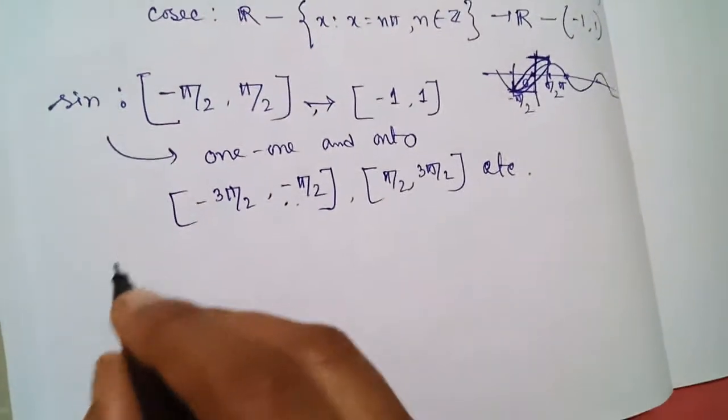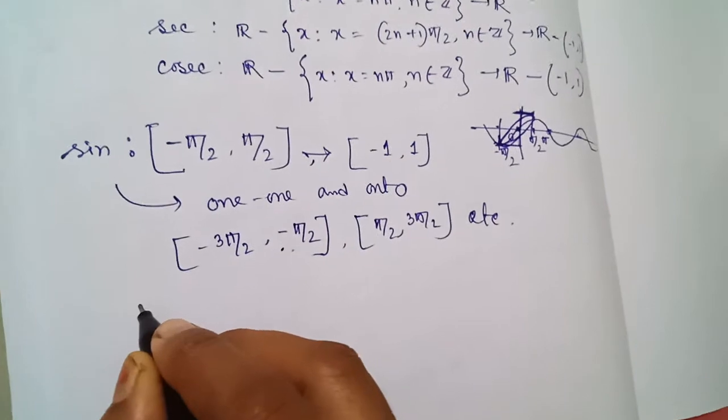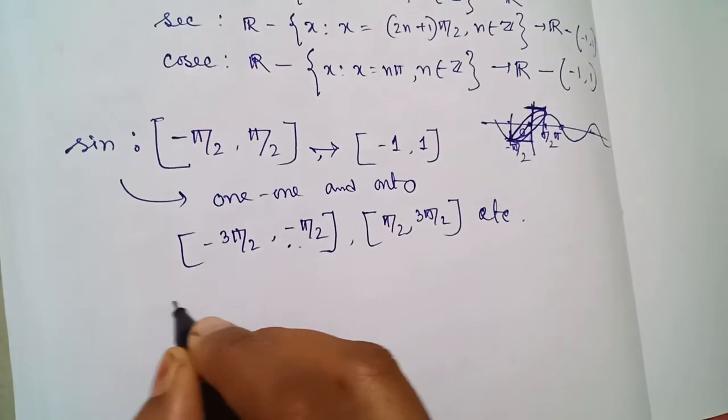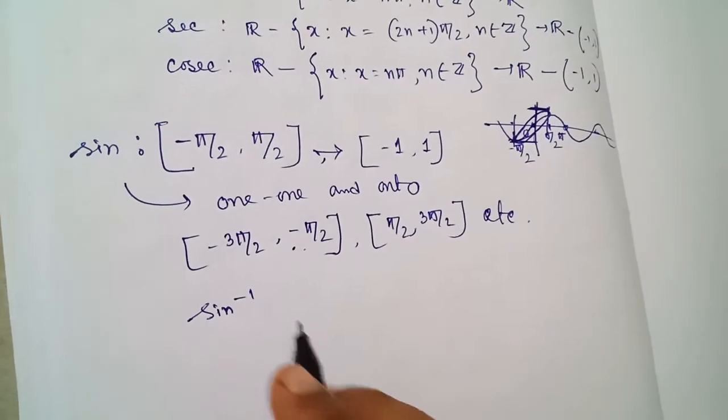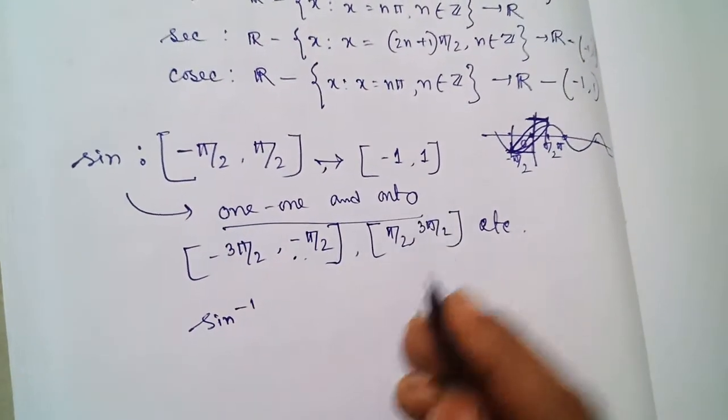It means in these intervals we can define the inverse of the sine function. Why? Because it is one-one and onto.